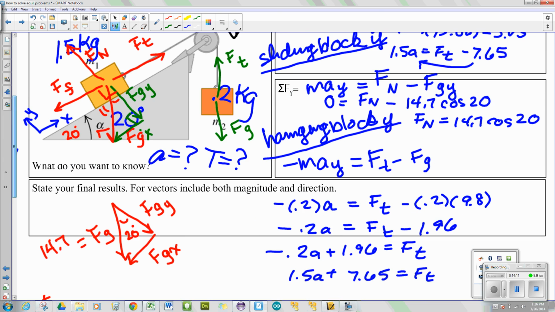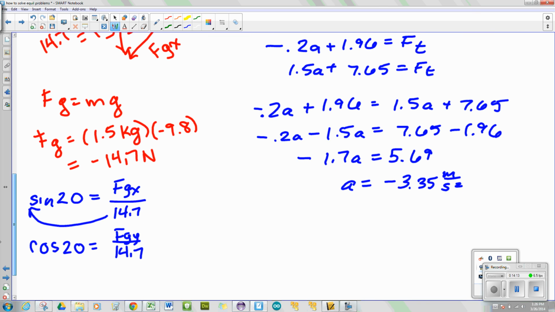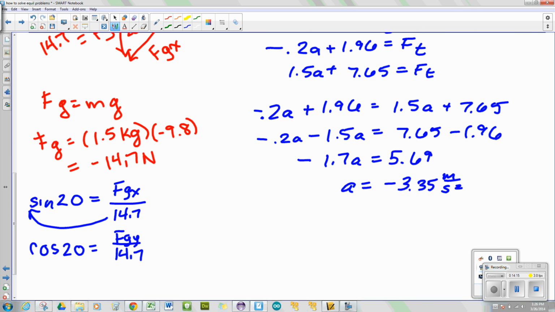Now, I also asked for the force of tension, so I am going to go back to this equation right here, which is a nice simple relationship between A and T, and I'm going to substitute in my value for A, so let me rewrite it first. It's already solved for Ft, so I don't even have to do algebra.